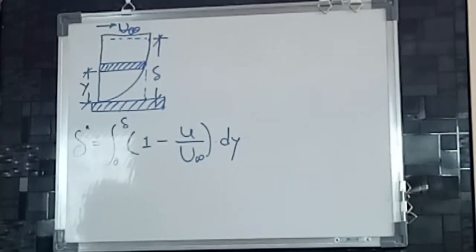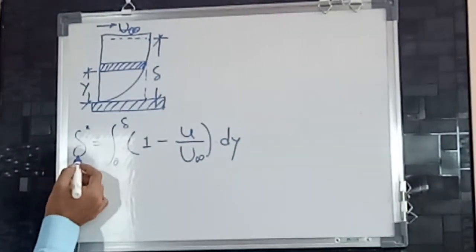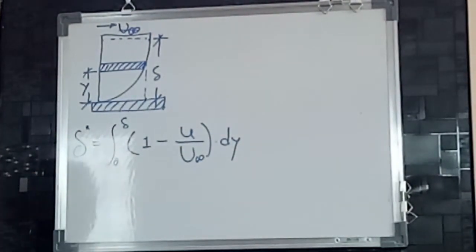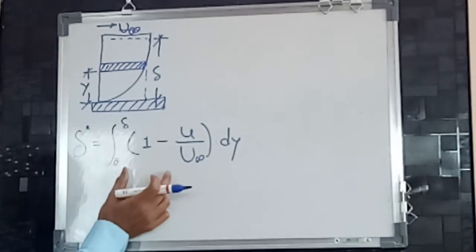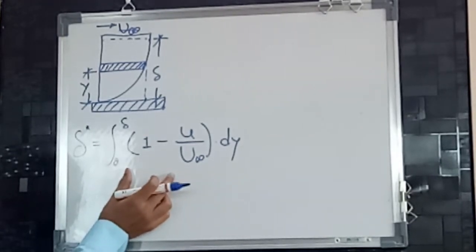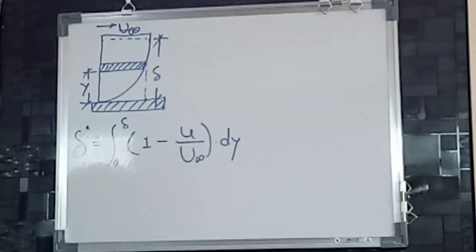Now see, this formula represents the displacement thickness, denoted as del star. Now how does this displacement thickness come? We'll derive one equation, with the help of which we are able to prove the displacement thickness.